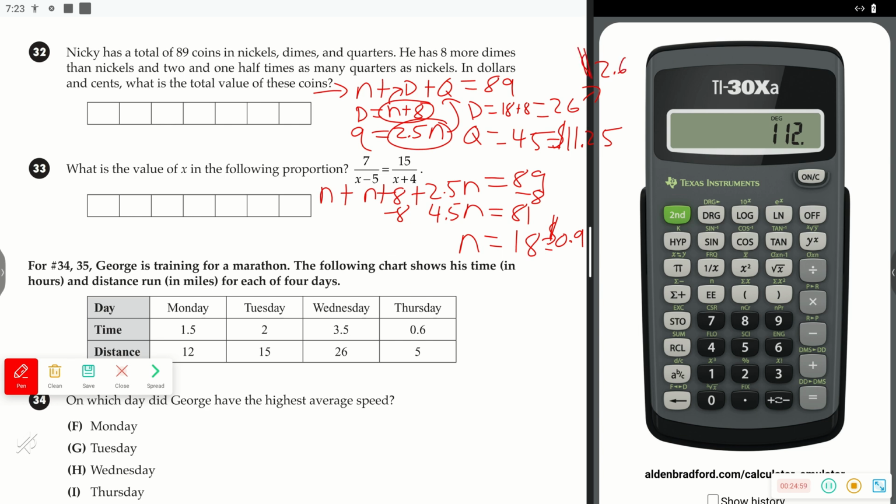So to get our final price, we have to do the value of the nickels, $0.90, plus the dimes, $2.60, plus the value of the quarters, 11.25. And whenever we add all those together, we should get $14.75.